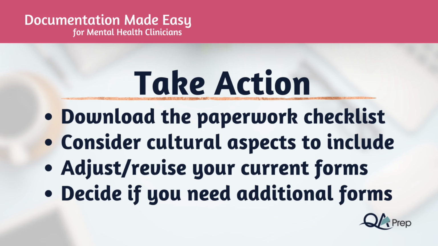And then identify how you can adjust or revise your current forms. And maybe you need some additional forms. So maybe there were some things that you saw here that you don't have in your paperwork packet yet. So identify those things and then schedule a time to adjust and revise your current forms. It doesn't have to be right now, but if you put it in your calendar, it'll be more likely to happen.